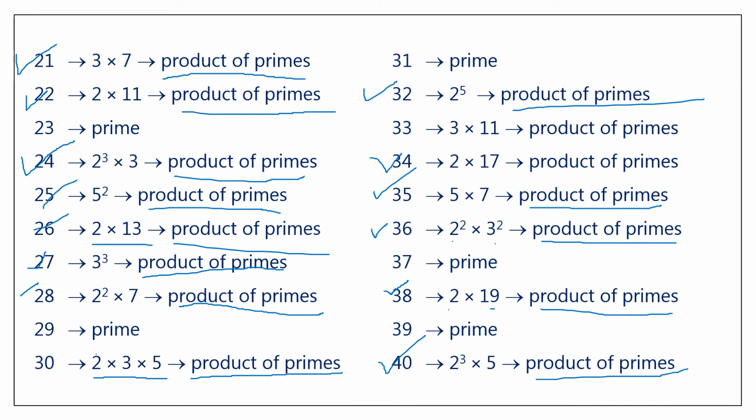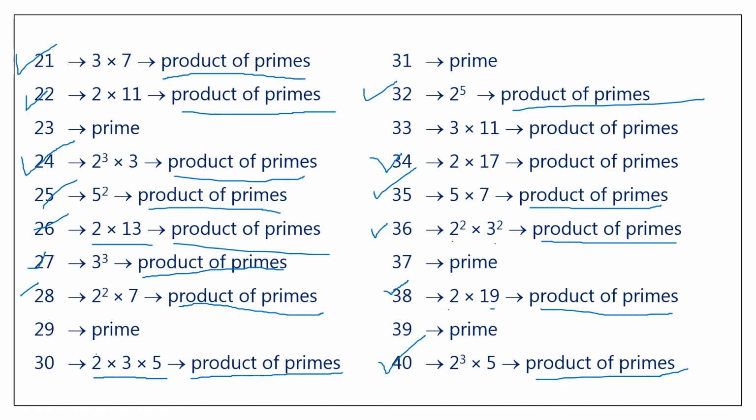Now we checked from 21 to 40 in this slide. Here all the composite numbers are expressed as products of primes. From 21, 22, 24, 25, 26, 27, 28, 30, 32, 34, 35, 36, 38, 40, all are composite numbers, and all the composite numbers we are able to write as products of primes.